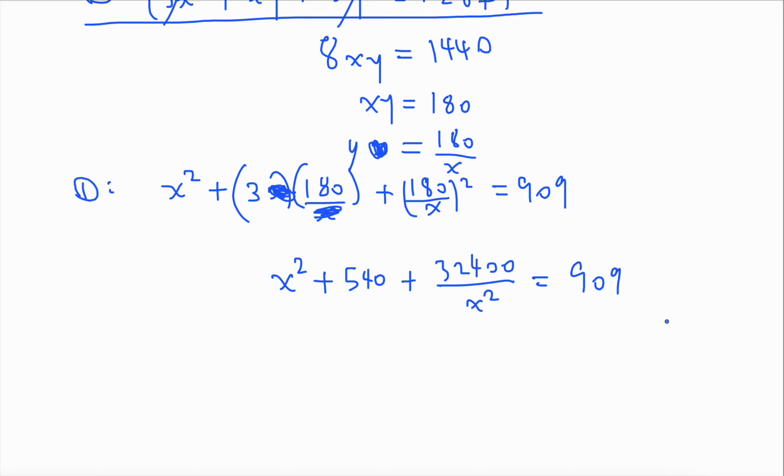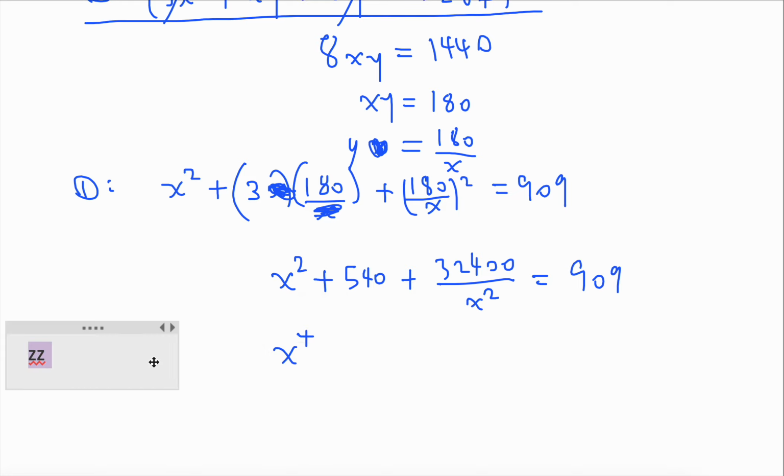And now we could multiply everything by x squared. I've got to get used to not pressing Z by itself.